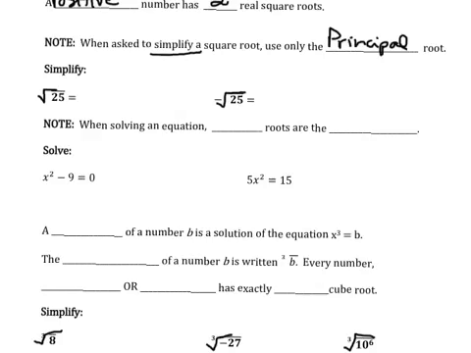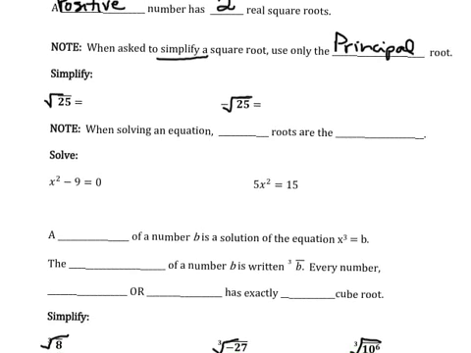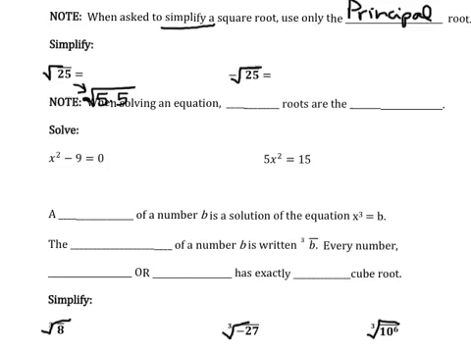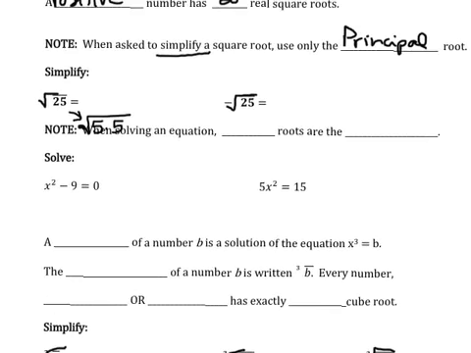Now, the square root of 25, we're only going to use the positive. The square root of 25 is the same as 5 times 5. A square root doesn't have a number in the root, and it's an implied 2 right there. When you get two numbers under the radical, that means we can take that number out.